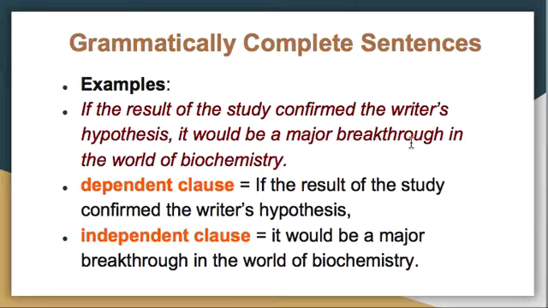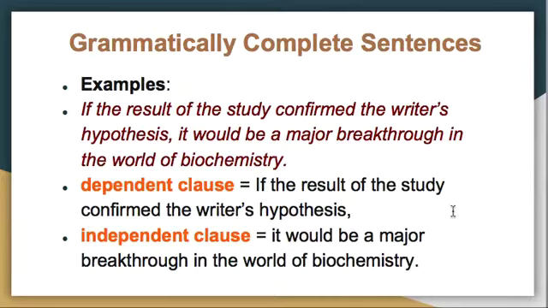Let's identify the dependent and the independent clause. If the result of the study confirmed the writer's hypothesis is the dependent clause, and the independent clause is: it would be a major breakthrough in the world of biochemistry.